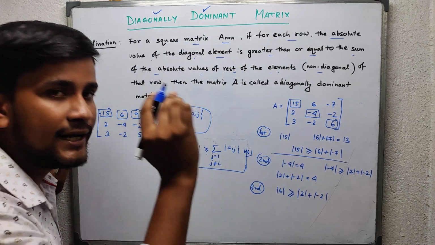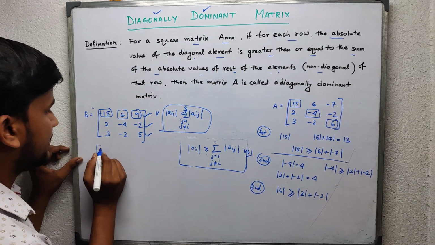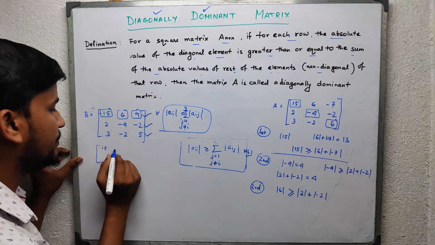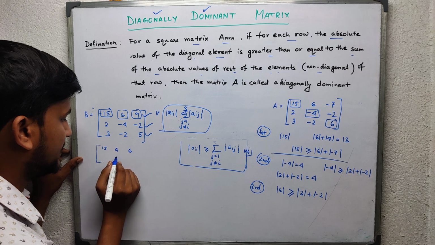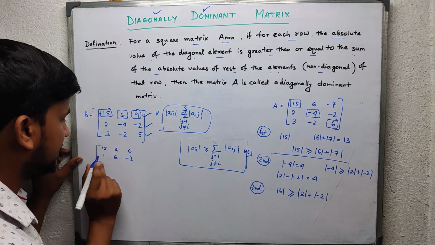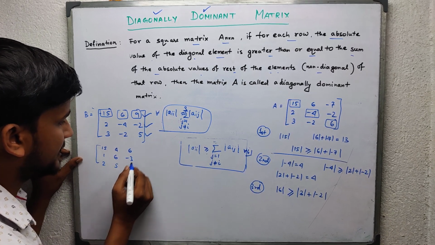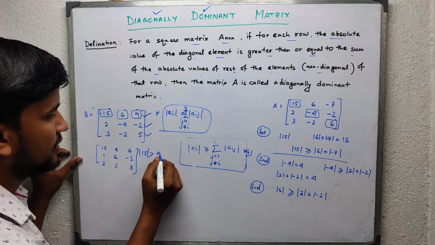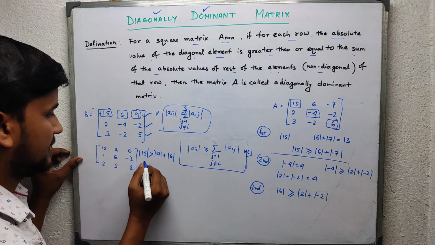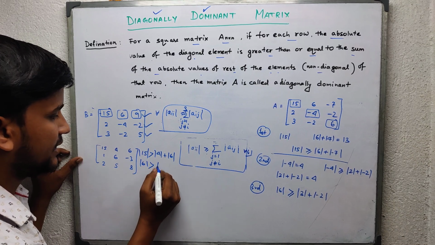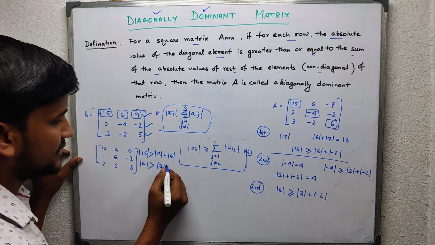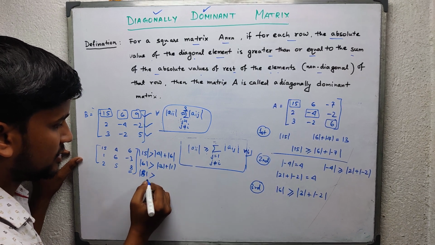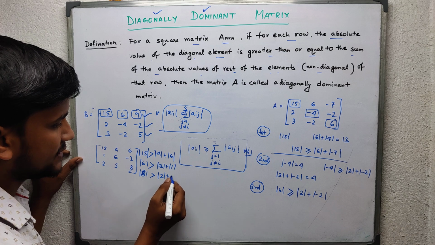But for strictly diagonally dominant, we should check that this element is strictly greater. So suppose this is 15, 4, 6, this is 6, 1, minus 3, this is 2, 5, 8. See, modulus of 15 is greater than mod 4 plus mod 6, then 6 is strictly greater than mod of minus 3 plus 1, then this 8 is also greater than 2 plus 5.